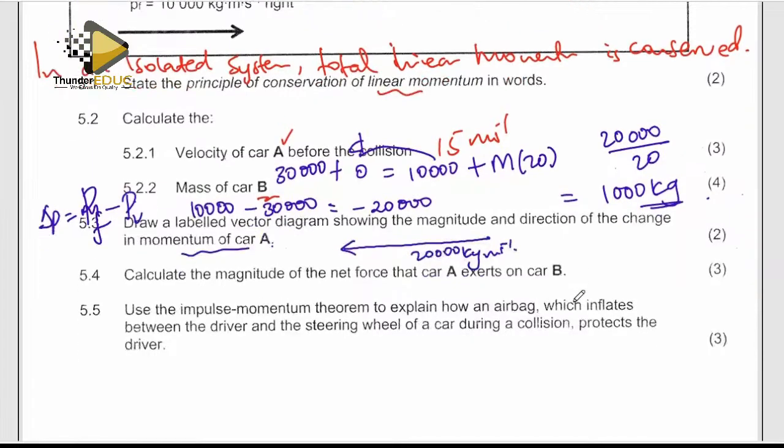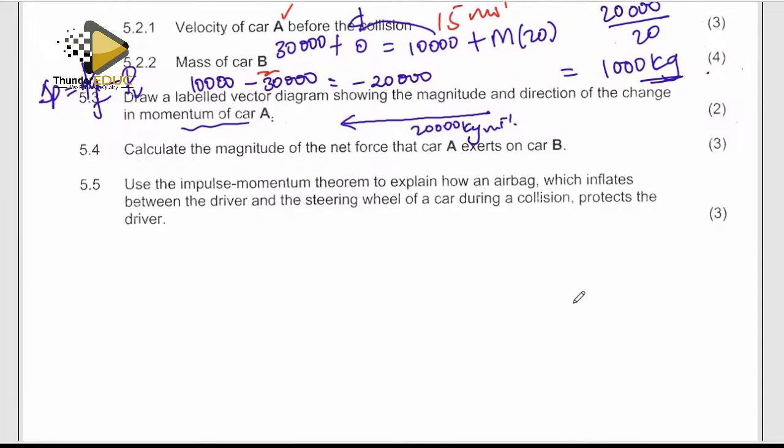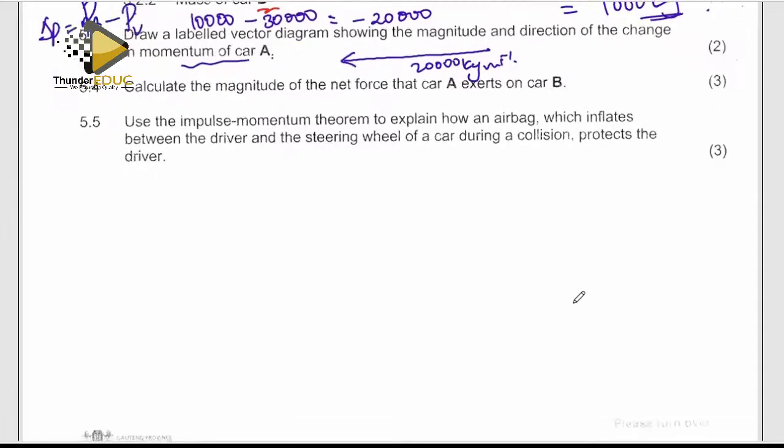Okay, then 5.4, can we calculate the magnitude of the net force that car A exerts on car B? So we know that F net is the same as the rate of change in momentum, okay? So our F net delta T should give us the change in momentum, the impulse, okay?